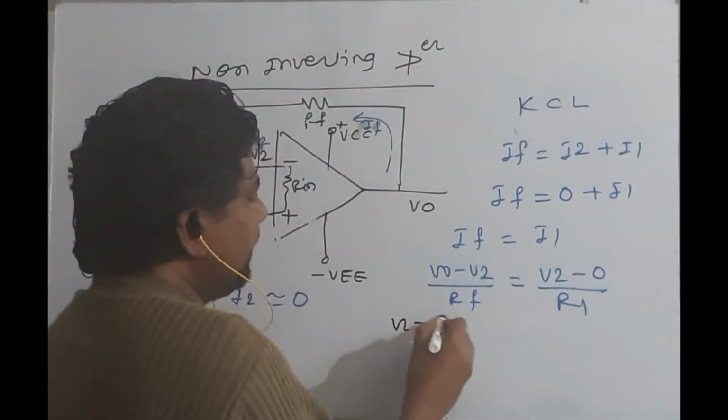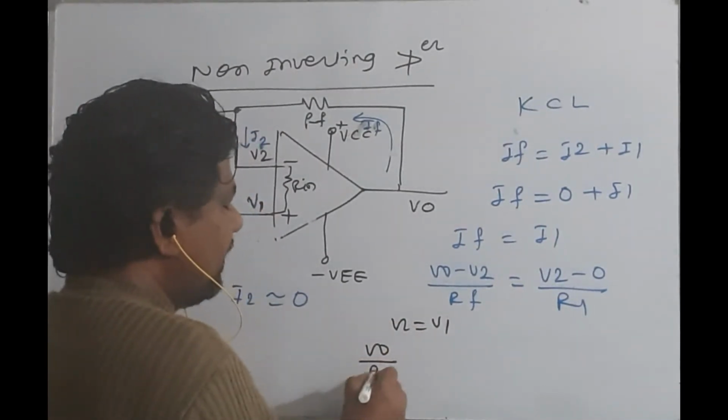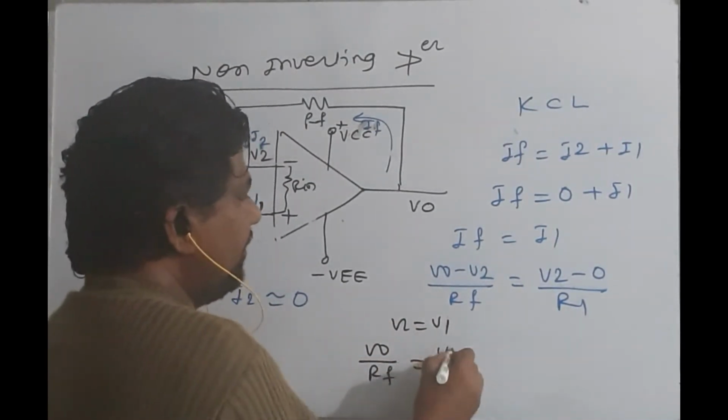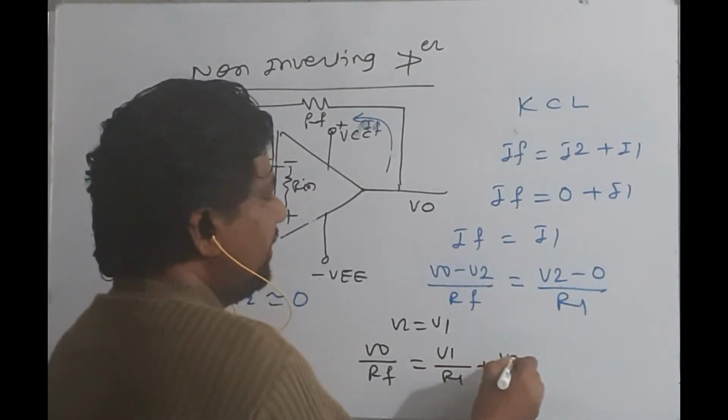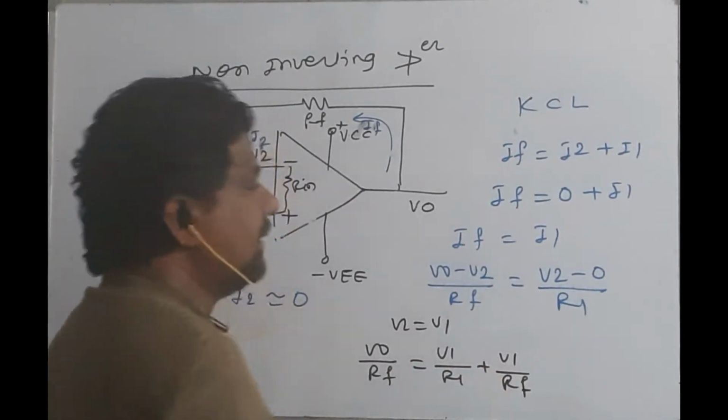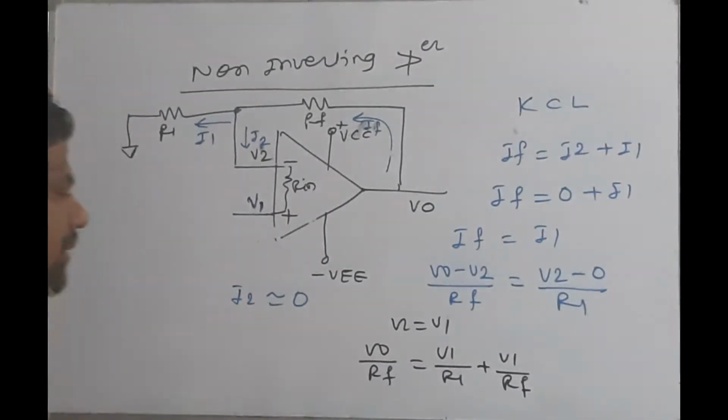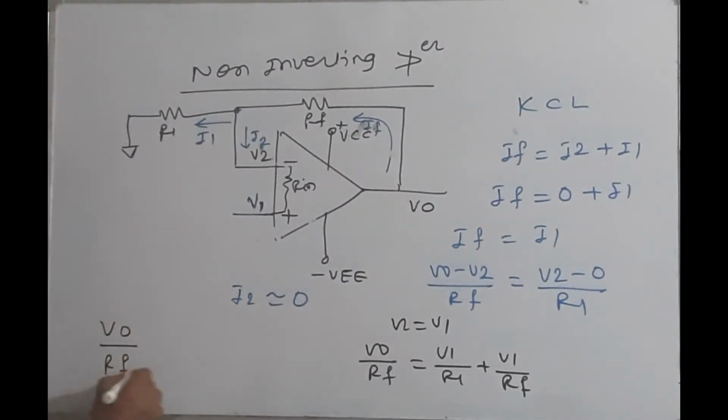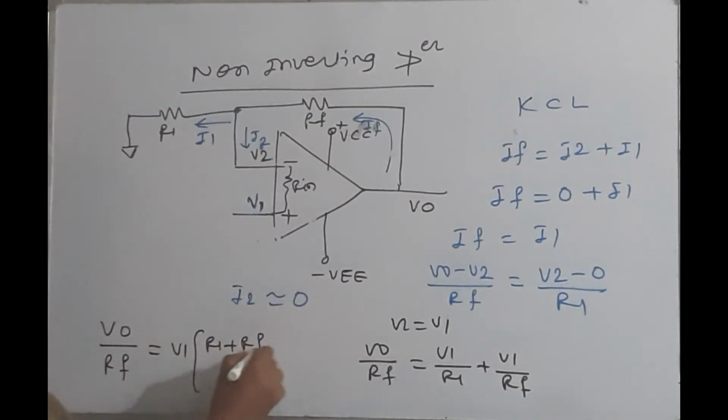V2 is equal to V1. So V0 upon RF is equal to V1 upon R1 plus V1 upon RF. Isn't it? So I will get V0 upon RF is equal to V1 into (R1 plus RF) divided by R1 RF.